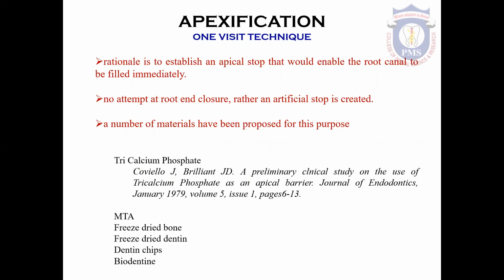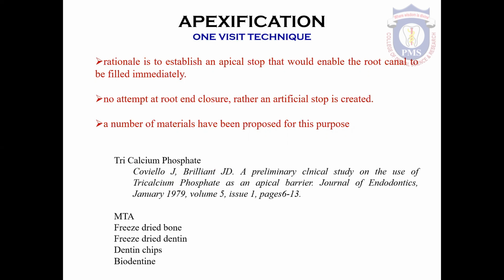Hence, instead of this routine apexification procedure, the one visit apexification is preferred. Here, the rationale is to establish an apical stop that would enable the root canal to be filled immediately, thus avoiding multiple visits.